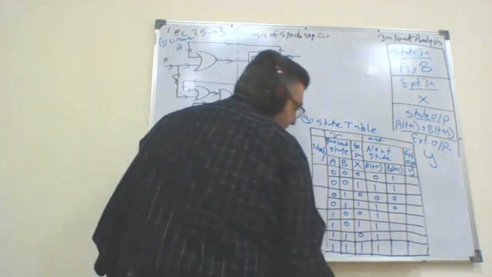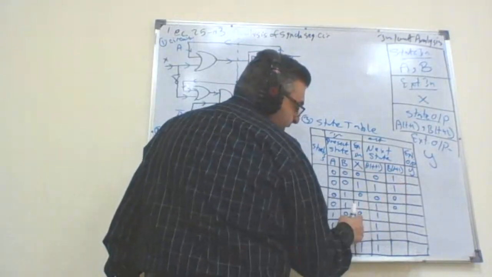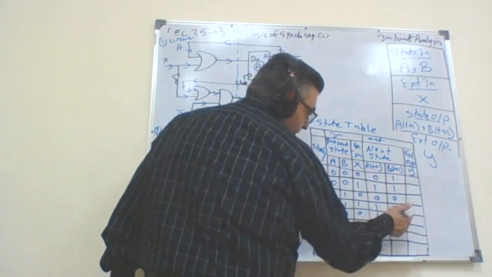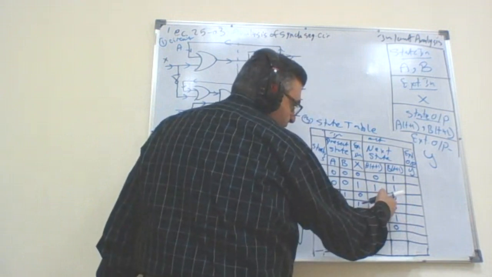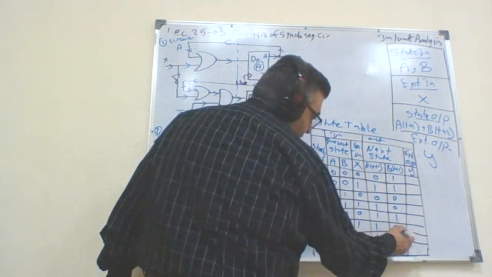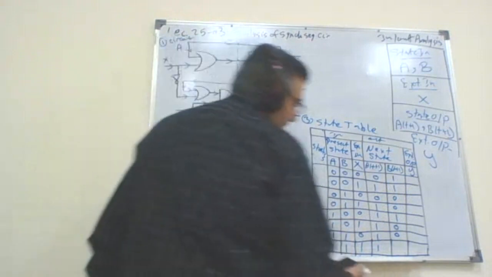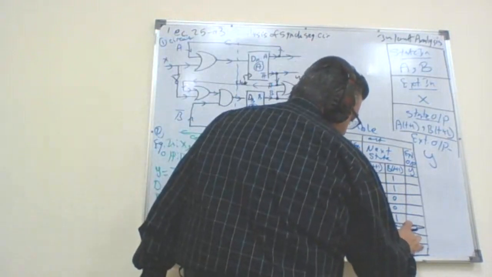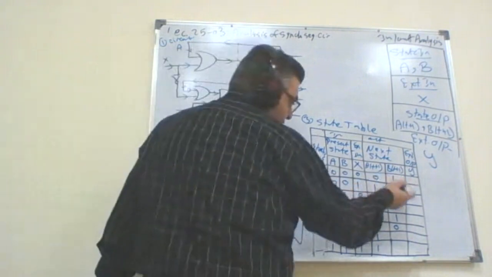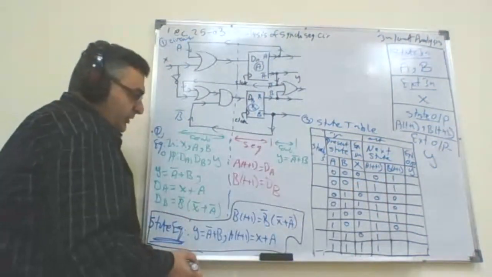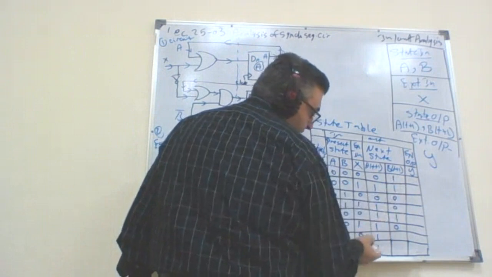B bar ANDed with x bar: b bar means 1, and x bar. So when a is 1, it is b bar x bar.